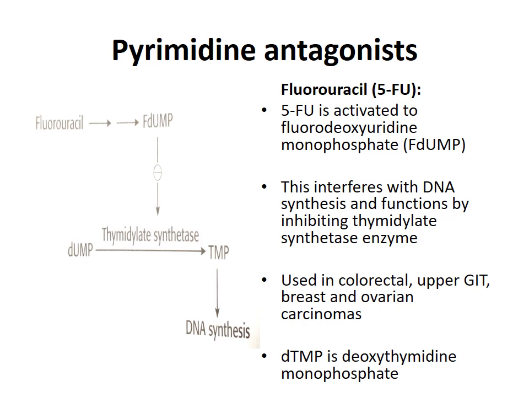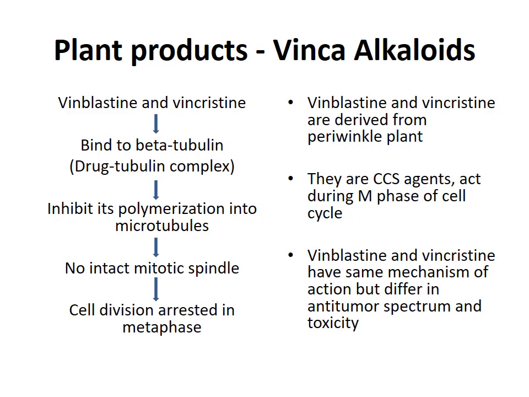So dUMP, which is converted to dTMP, that is deoxythymidine monophosphate, through which DNA synthesis occurs, is not happening because fluorouracil, which is converted to FdUMP, is inhibiting this enzyme. dUMP is not getting converted to dTMP, so DNA synthesis does not happen. It is used in colorectal, upper GIT, breast and ovarian carcinomas.